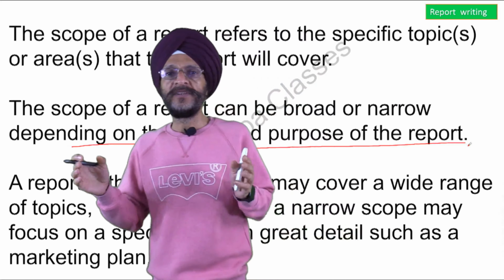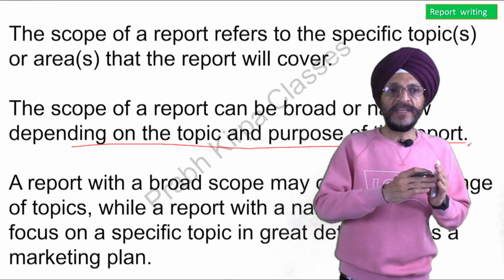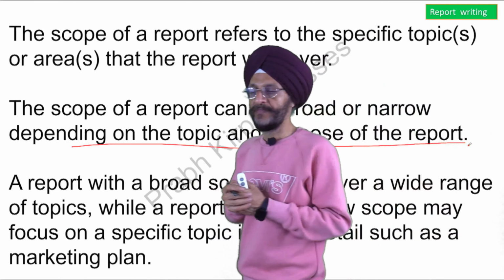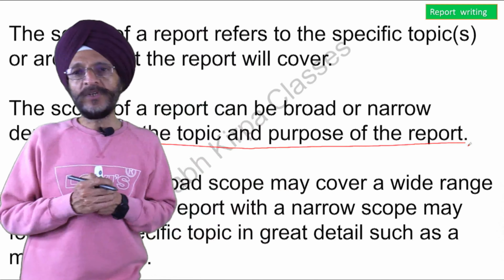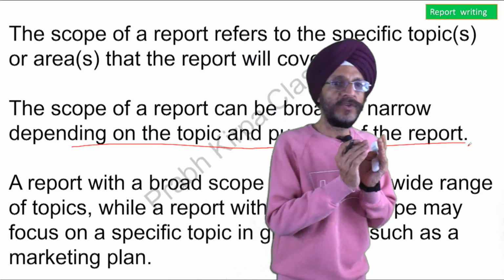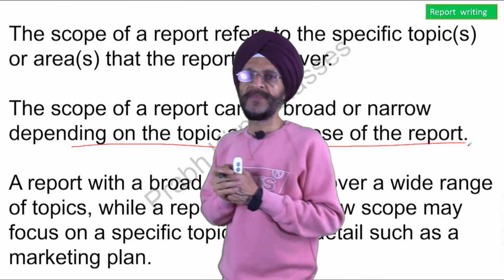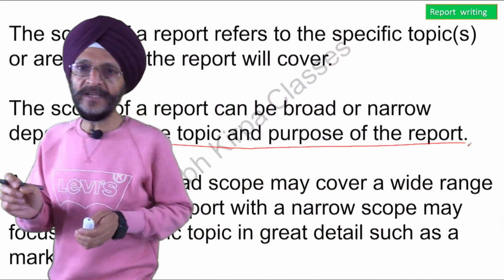A report with a broad scope may cover a wide range of topics, while a report with a narrow scope will focus on a specific topic in great detail, such as a marketing plan.